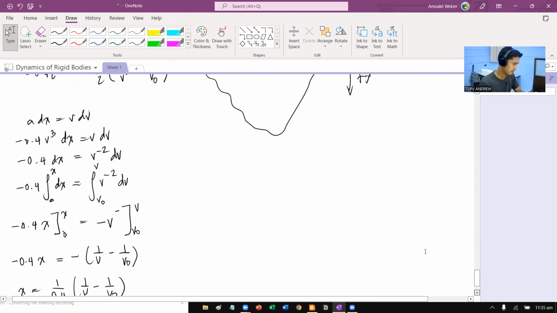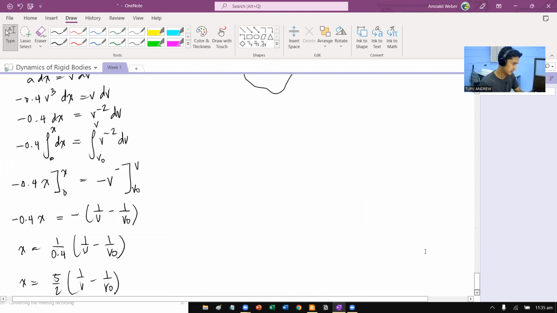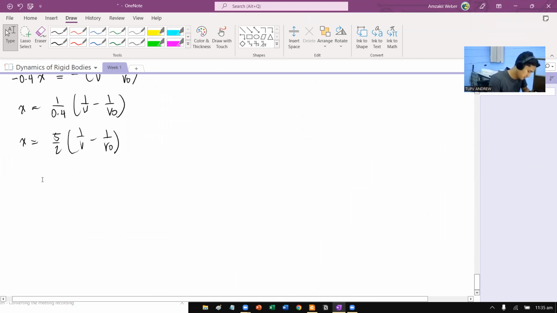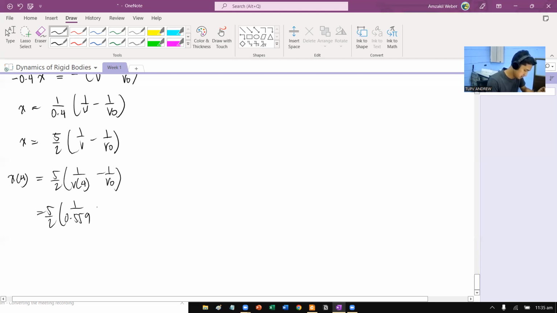Okay, so x at 4 seconds is 5 over 2, the same as before, times (1 over v4, which is 0.559 meters per second, minus 1 over 60).